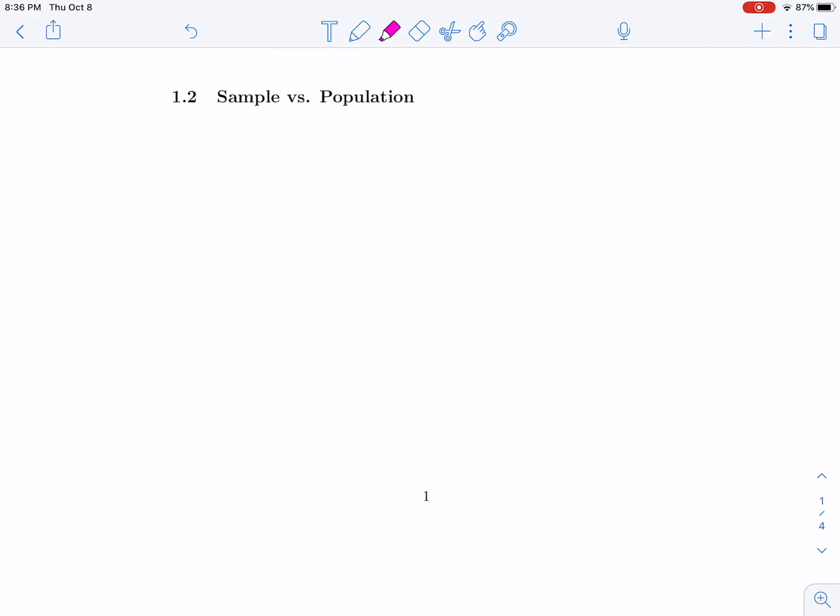Next up, we want to discuss sample versus population. What we did in class yesterday is we discussed this. We said an example is heights at Chaminade.